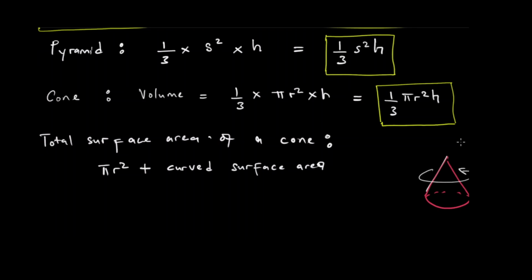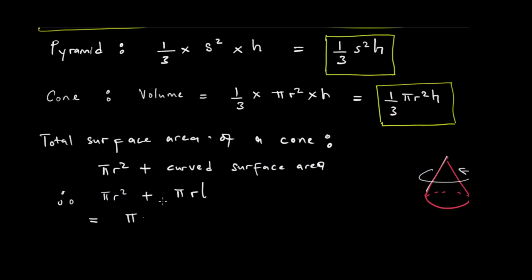That's the curved surface area. And what is the curved surface area? Curved surface area for a cone is simply pi r l. That's what the curved surface area of a cone is. So this is what it is going to be, which we can then simplify to pi.